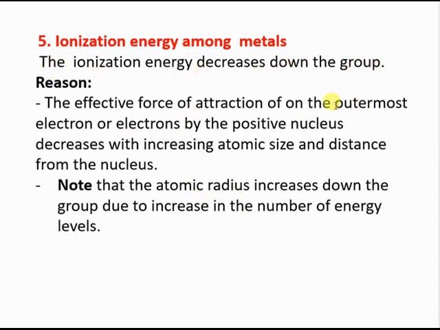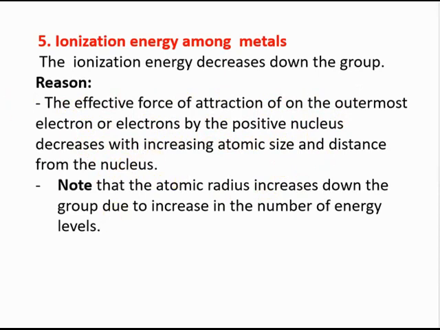So the energy required to remove an electron from the outermost energy level decreases as you move down the group of a metal. Why? The effective force of attraction of the outermost electron or electrons by the positive nucleus decreases with increasing atomic size and the distance from the nucleus.